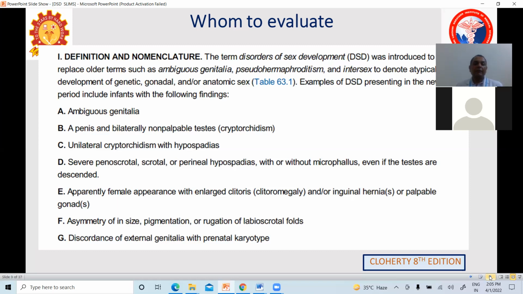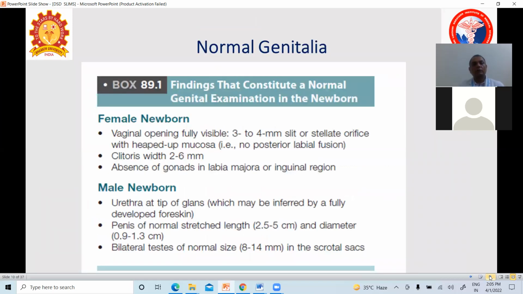Apparently female appearance with enlarged clitoris or inguinal hernia, asymmetry of size, pigmentation, or location of labioscrotal folds, discordance of external genitalia with genital cavity, all these fall into the category of DSD.